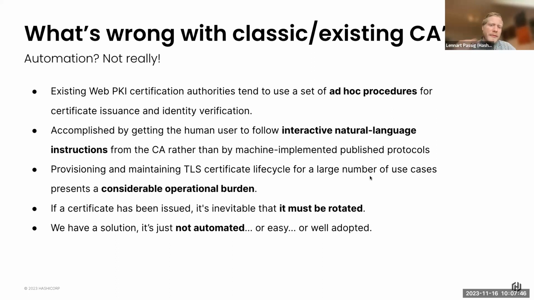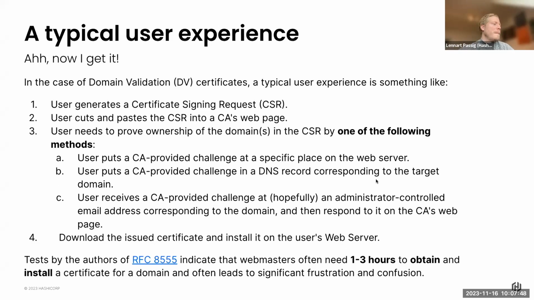And just going through maybe some user experience, right? So what is the typical user experience coming from the RFC 8555, which is more or less the RFC for ACME. So what we can see here is first what a user needs to do, right, is generate a CSR, right? The user cuts and pastes it into a web page, right?